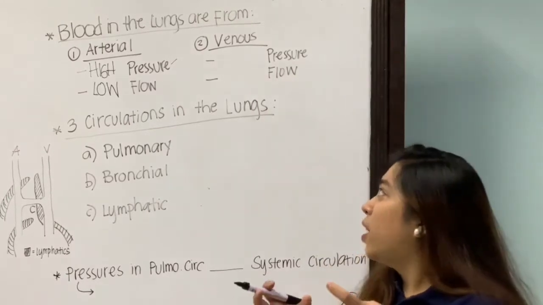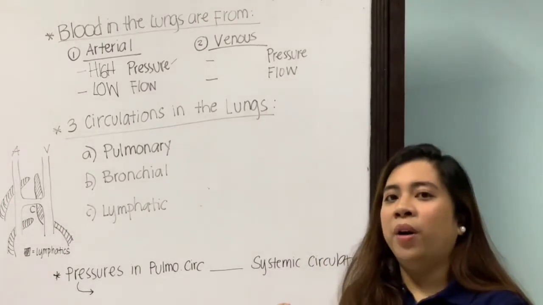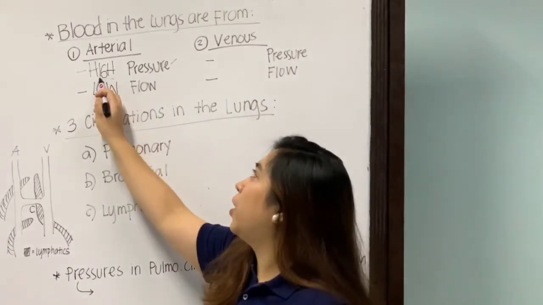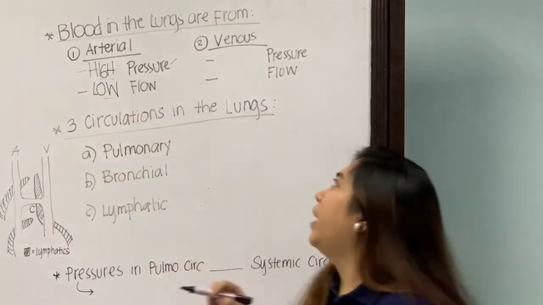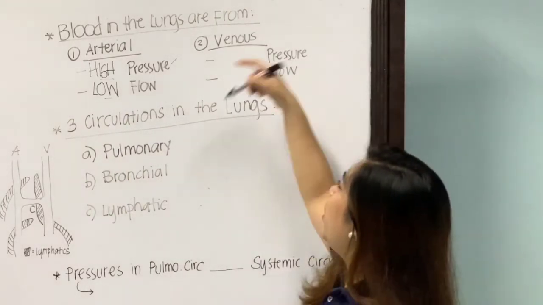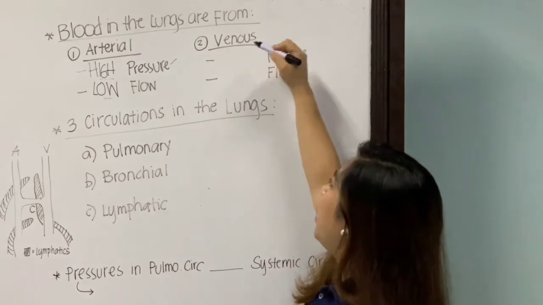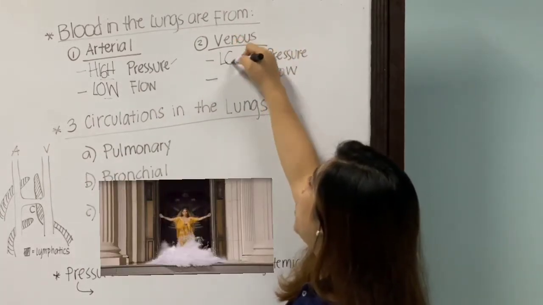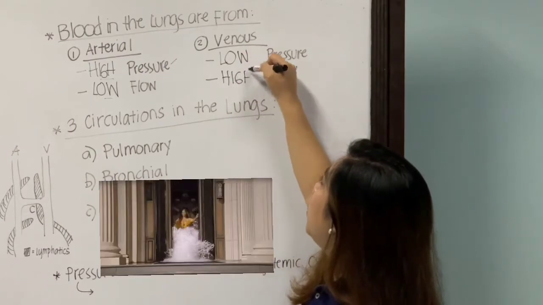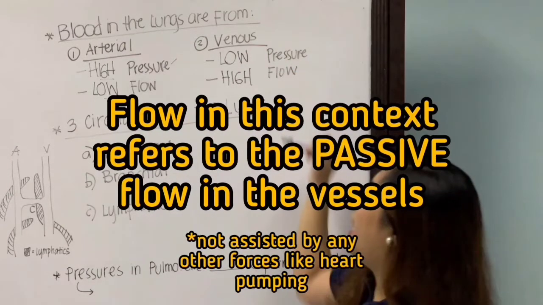Since your heart is a muscle, it has a lot of power to pump the blood, and therefore has a higher pressure but a lower flow. In contrast, your venous circulation is the opposite: you have a low pressure but a high flow type of circulation. Flow in the context of this discussion refers to the passive flow allowable inside a vessel.